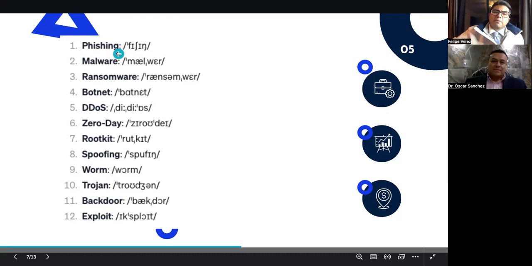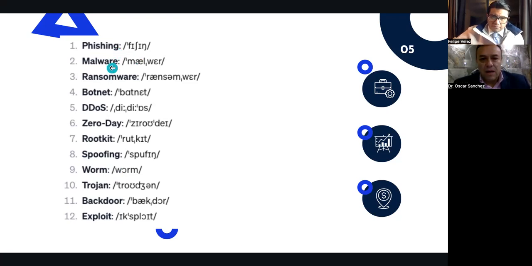Again, number 1. Phishing, malware, ransomware. Again, ransomware. From the beginning. Phishing, malware, ransomware, botnet, DDoS.